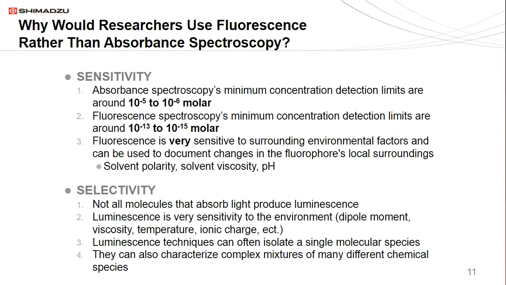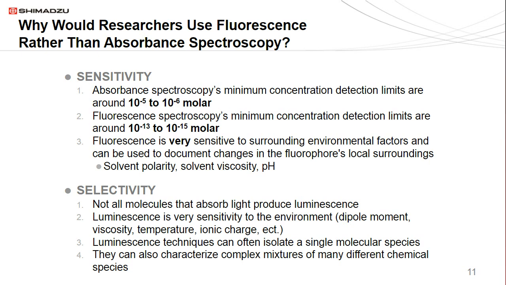So by now, you've probably figured out that any molecule that fluoresces or indeed photoluminesces must first absorb. So if everything that photoluminesces must absorb, why would we want to use fluorescence as opposed to a UV visible spectrophotometer? And the reason is the two S's that you see here.